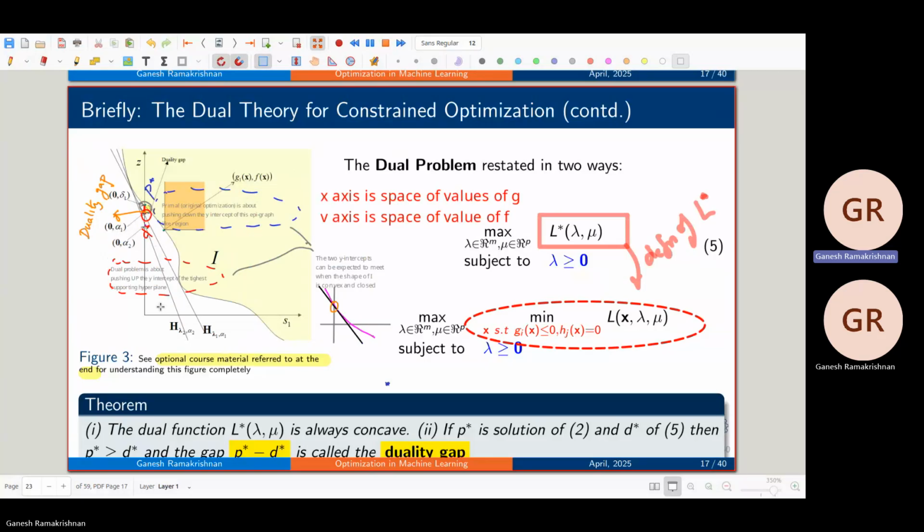This is P star, this is D star. The primal, the original optimization, is pushing down the intercept of this region. The dual problem is pushing up the y-intercept. It becomes possible that they coincide when there is convexity, apparently. So this is the dual problem. Now, the duality gap will vanish when there's convexity, seems to be our conclusion from this analysis, right?